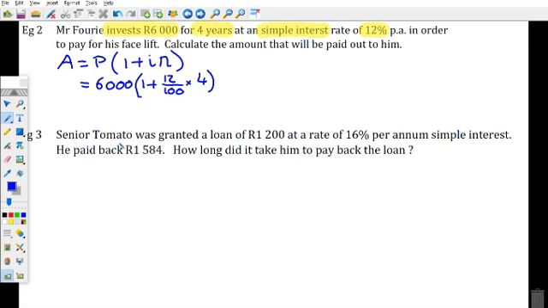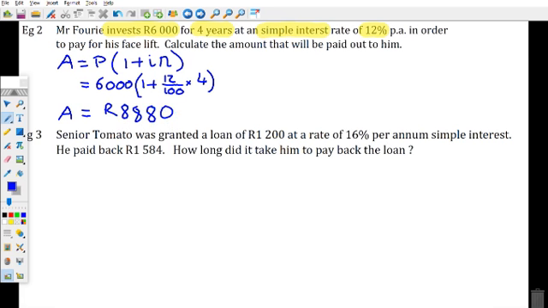So therefore his acquired amount, how much will be paid out to him? We take our formula and we say 6,000 multiplied by, in brackets, 1 plus 12 over 100 multiplied by 4. 8,880 rand. You guys see there?